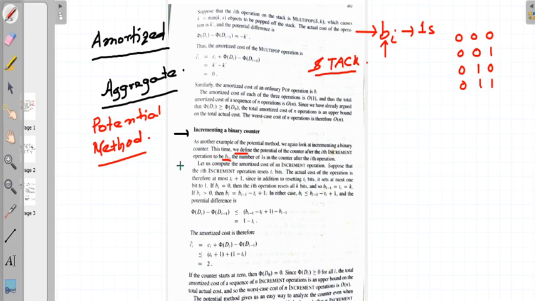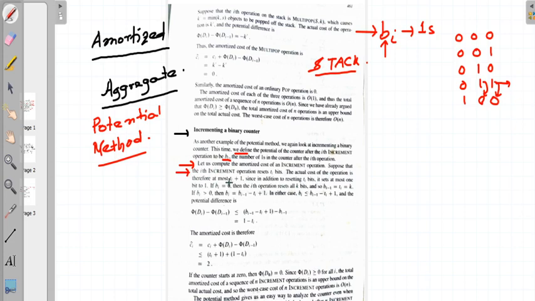So now let us compute the amortized cost of an increment operation. Suppose that the ith increment operation resets ti bits. So whenever we go from here to here, this will be resetting, right?